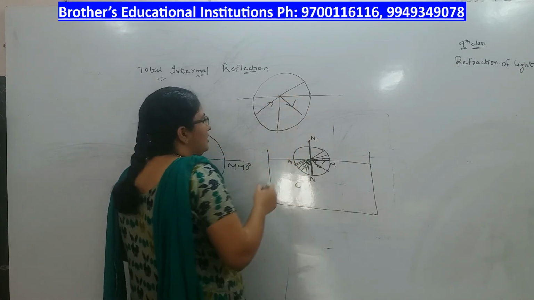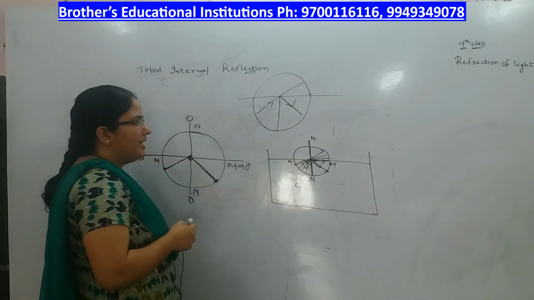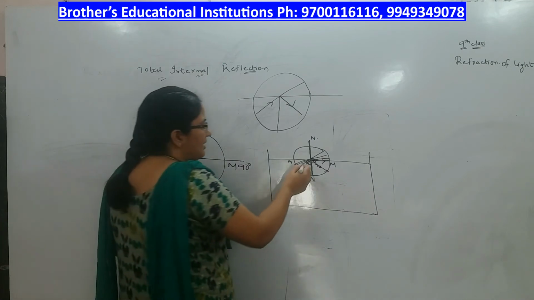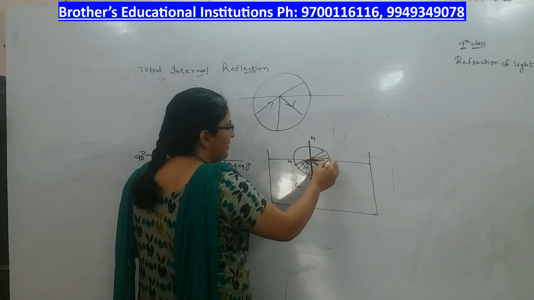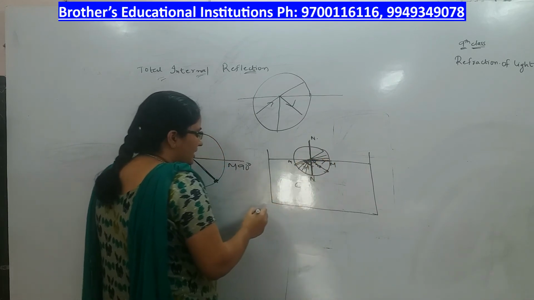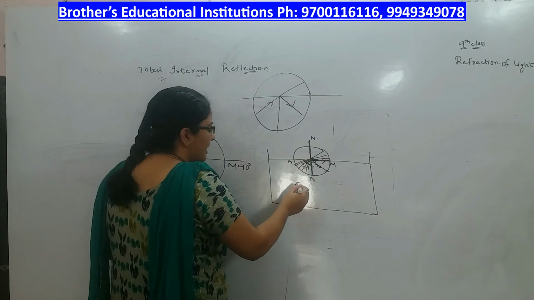This is called total internal reflection, and this angle at which the refracted ray grazes the interface is called the critical angle. It is denoted by C.